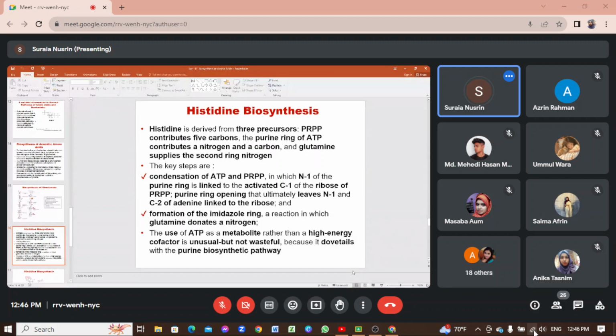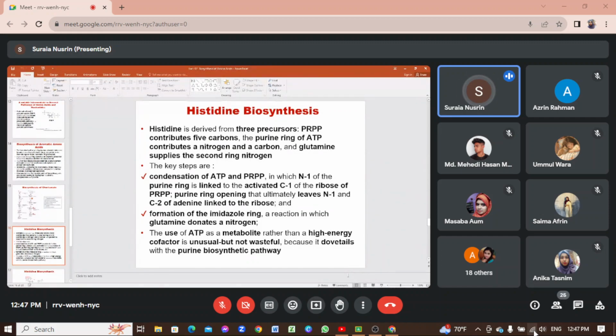Like the previous one, here as well we will just focus on the important steps. In the very first step, ATP and PRPP, these two precursors, condense together.